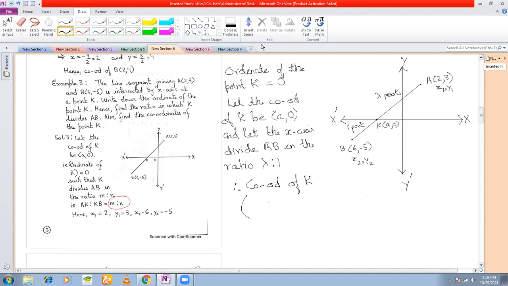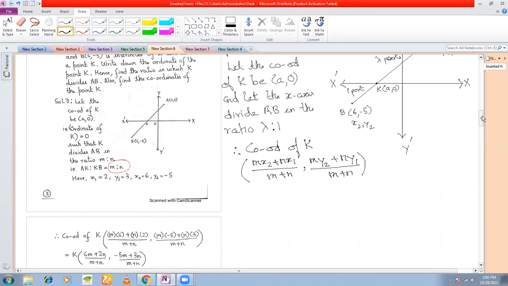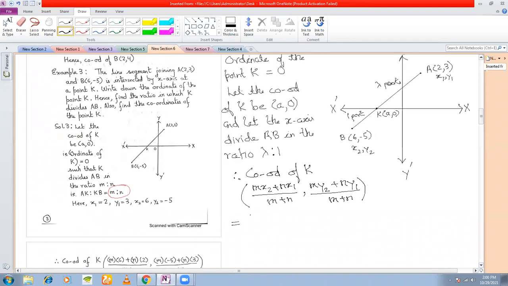Let's write the formula, and then I don't need to write separately what the values of x and y are; you can look from the diagram only. (m x2 plus n x1) by (m plus n), (m y2 plus n y1) by (m plus n). Now put the values here from the figure. m here is lambda, right? n here is 1, isn't it?